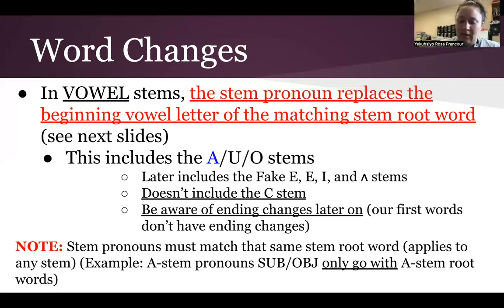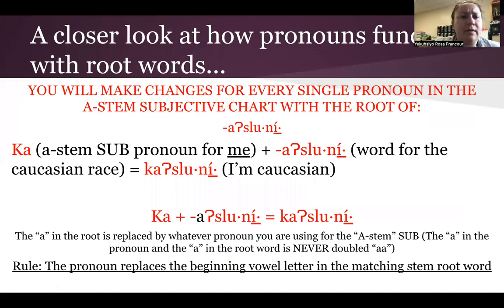Just a quick note, I think I mentioned this: stem pronouns must match the same stem root word. For example, A stem pronouns only go with A stem root words. Whenever you know what the stem of a verb is from the first letter, you've got to use those pronouns. All right, so a little closer look at how pronouns function with root words or verbs.